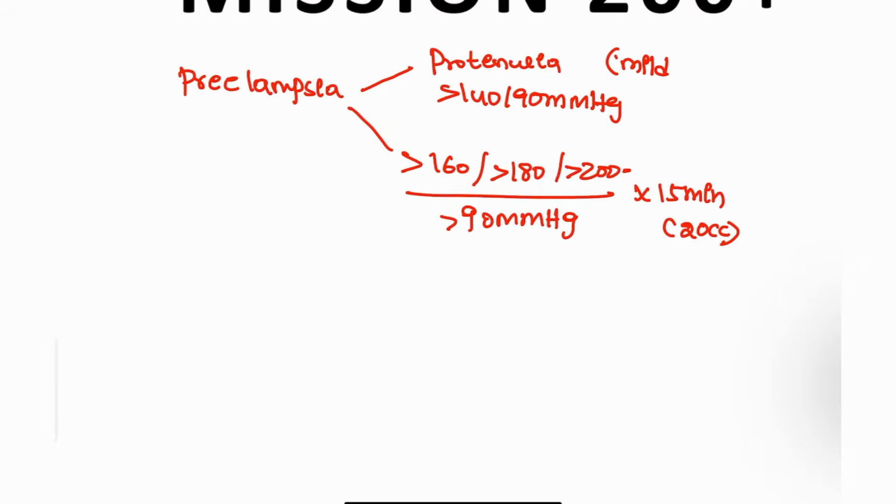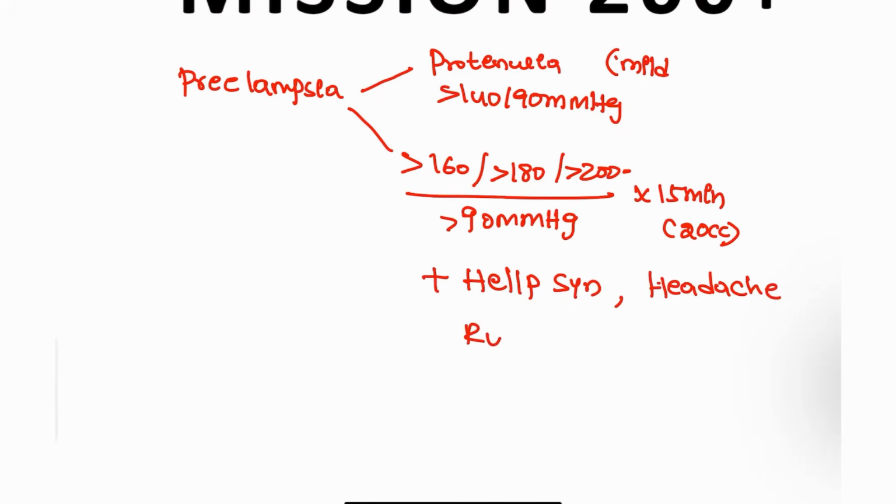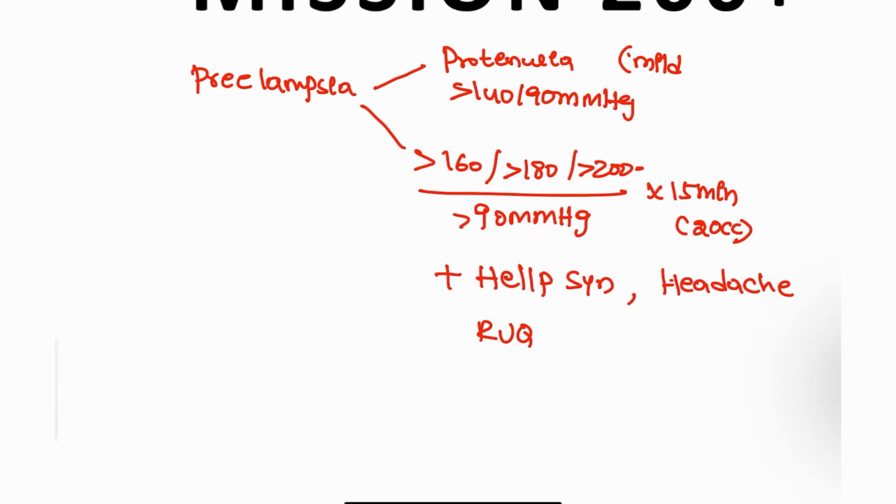What are the systemic danger signs you are going to see? For example, HELLP syndrome, headache, eclampsia signs, or right upper quadrant pain with liver injury. All this is considered severe preeclampsia.